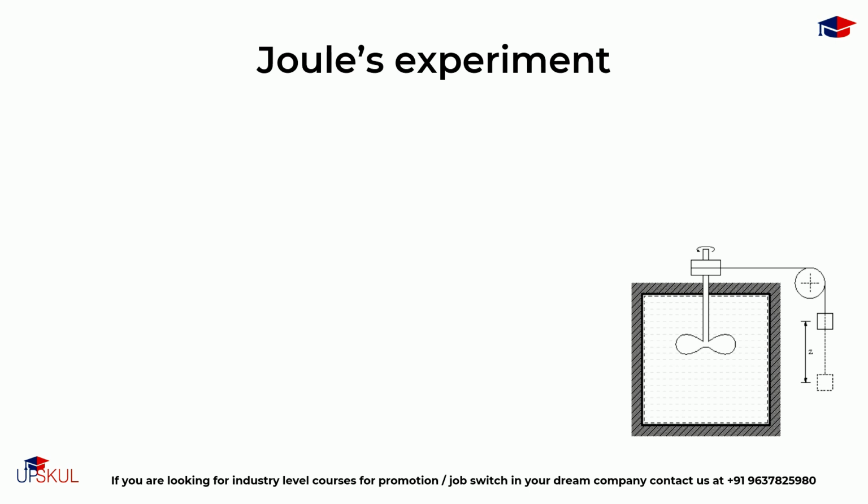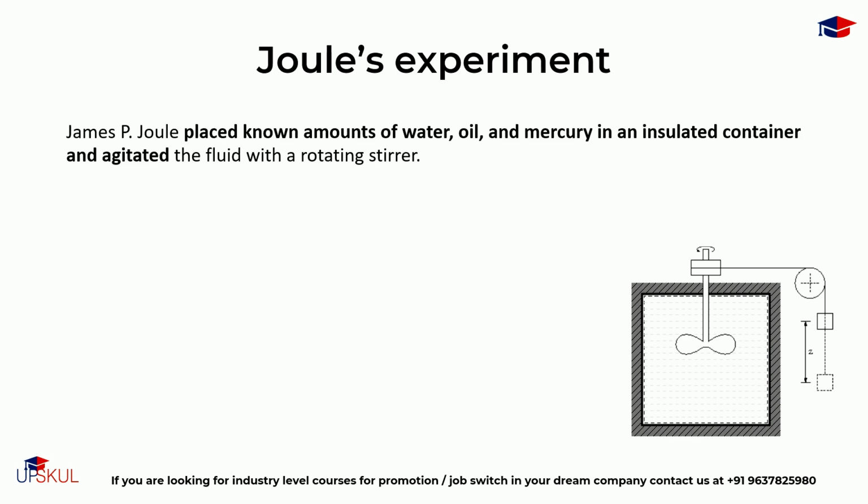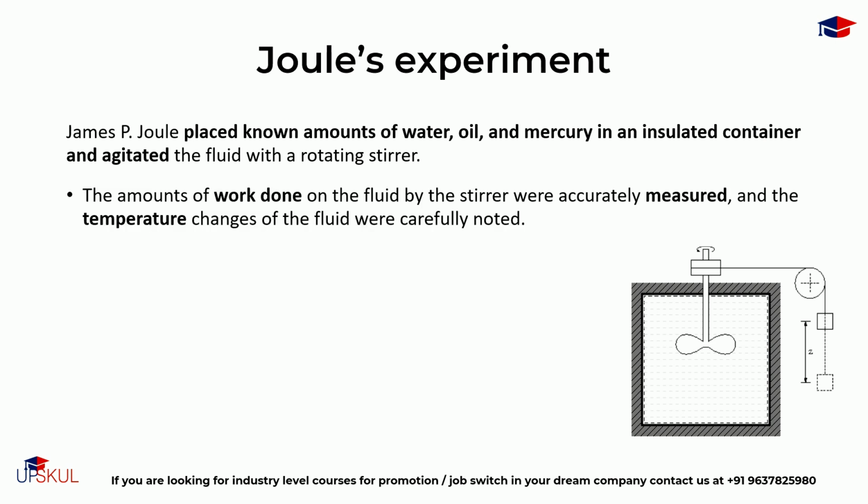Joule's experiment. James P. Joule carried out his famous experiment where he placed known amounts of water, oil, and mercury in an insulated container and agitated the fluid with a rotating stirrer. The amount of work done on the fluid by the stirrer was accurately measured, and the temperature change of the liquid was carefully noted.